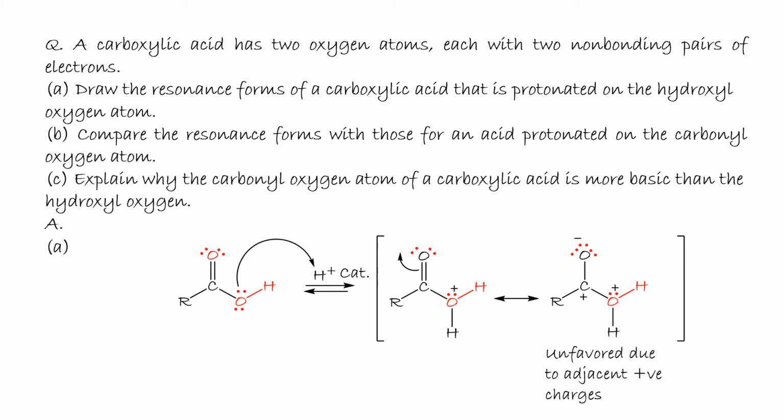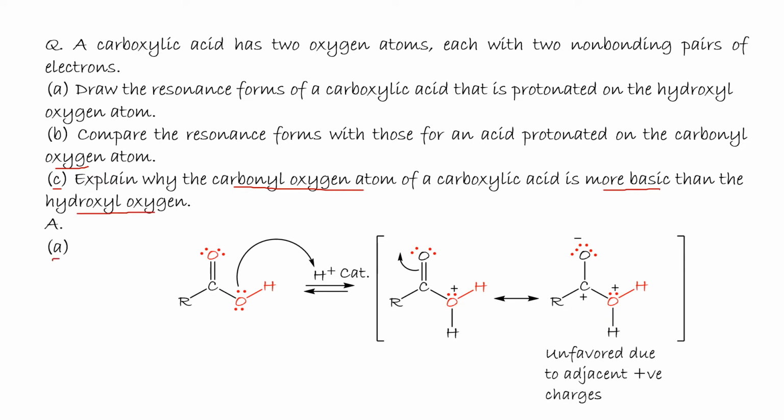Compare the resonance forms with those for an acid protonated on the carbonyl oxygen atom. Explain why the carbonyl oxygen atom of a carboxylic acid is more basic than that of the hydroxyl oxygen.